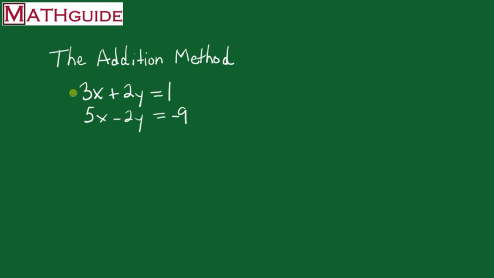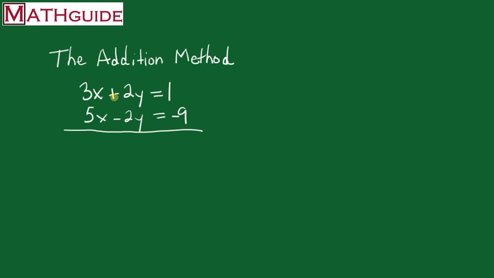the addition method. Now, this problem is kind of unique because if we add these two equations, you're going to notice that the positive 2 and the negative 2, these coefficients in front of the y values, are going to cancel when we add them.